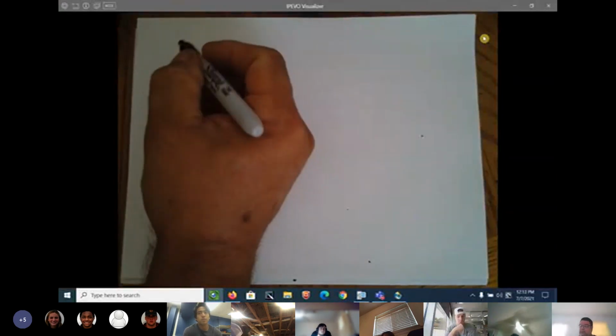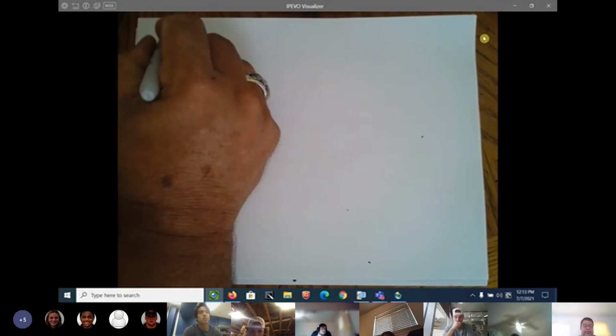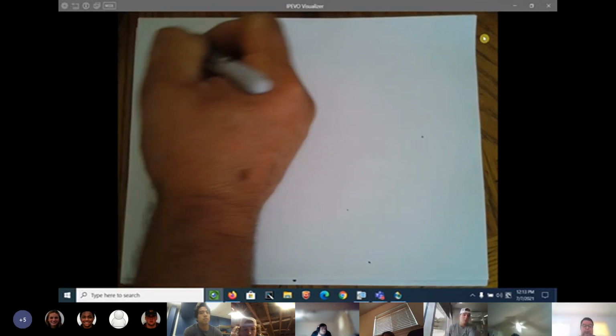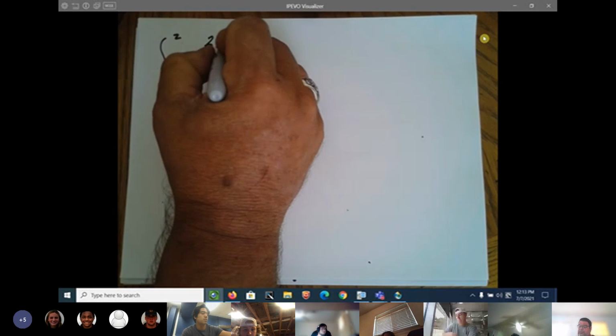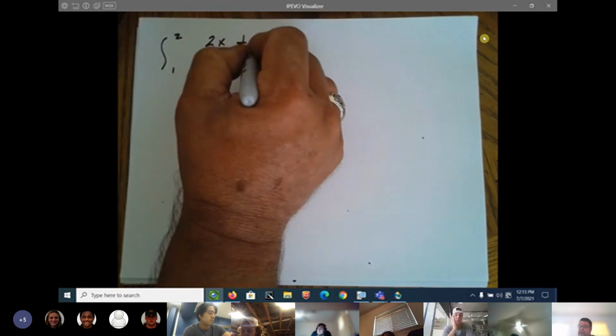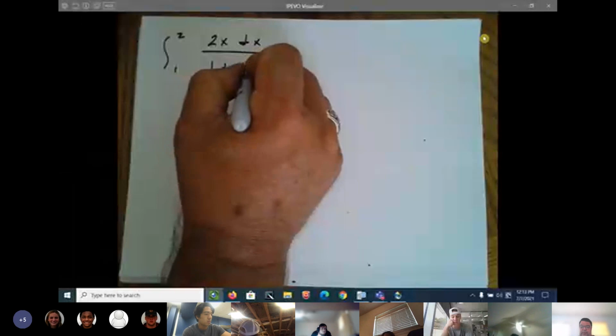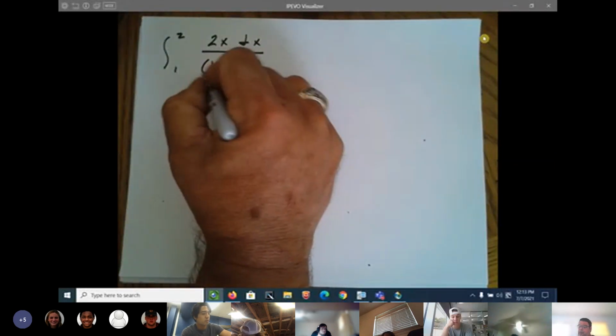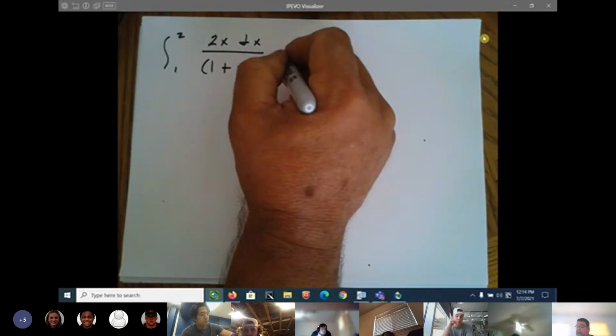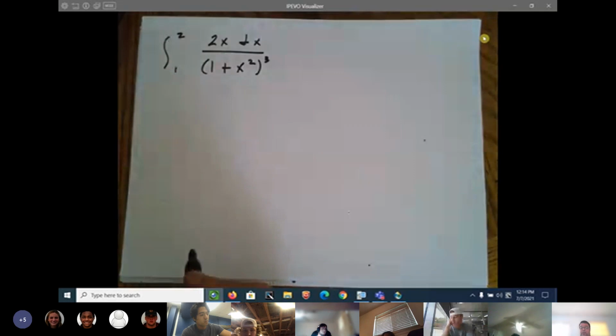And we've got the antiderivative from 2 to 1 of 2x dx over 1 plus x squared to the third power dx. Okay, that's already there.